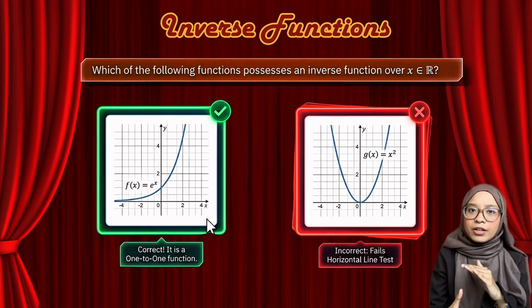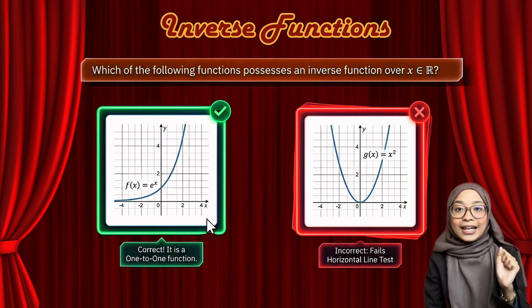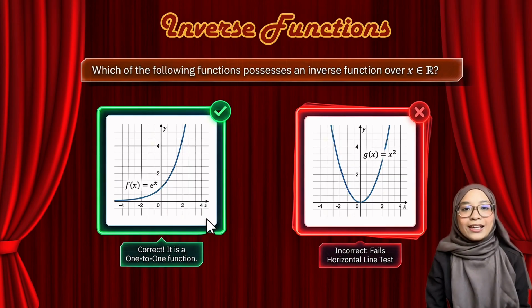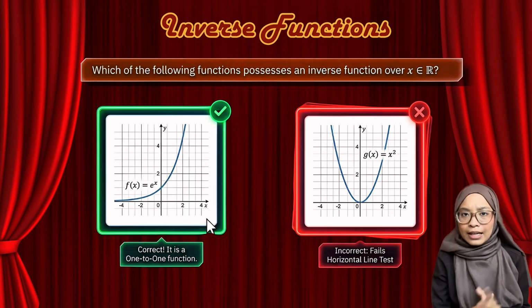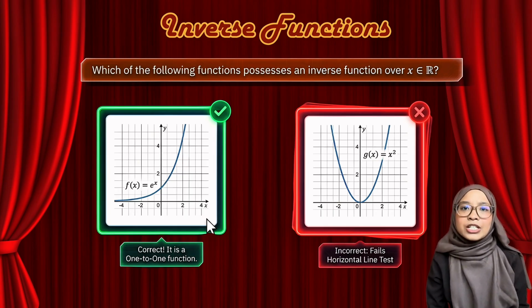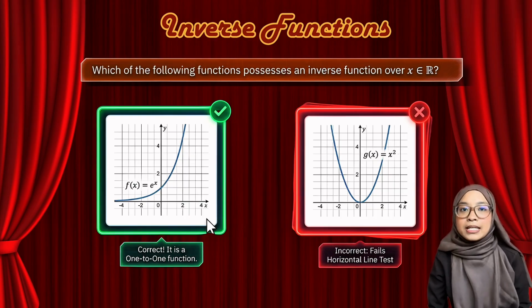If we draw a horizontal line across y equals 4, it crosses the parabola twice at x equals 2 and x equals negative 2. Because it fails the horizontal line test, g(x) does not have an inverse over all real numbers unless we restrict its domain.